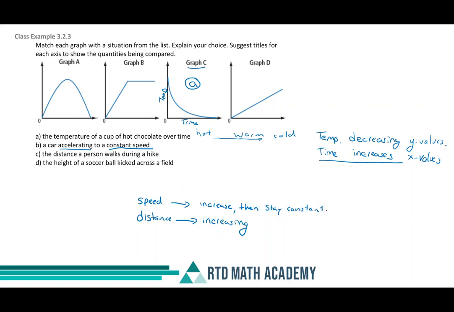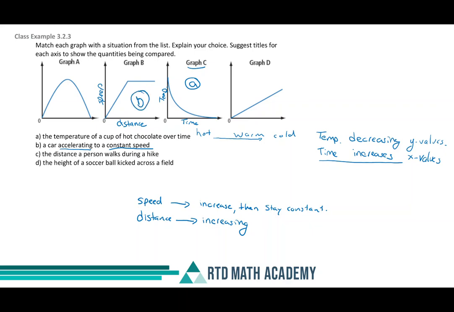So in this case, we're talking about a car accelerating, and then being at a constant speed. So we should say that graph B, my speed is increasing and then my speed is staying the same.